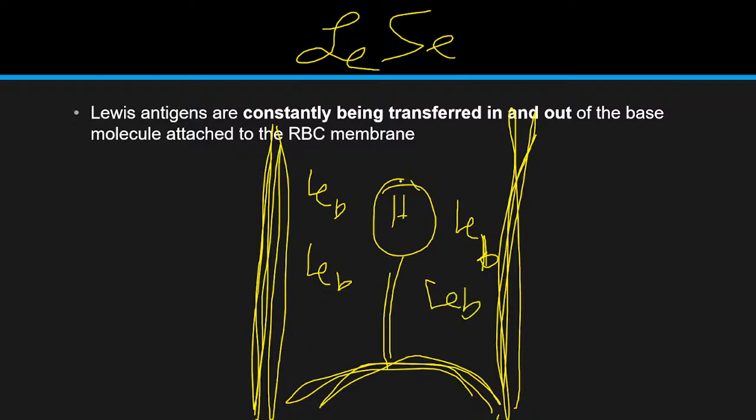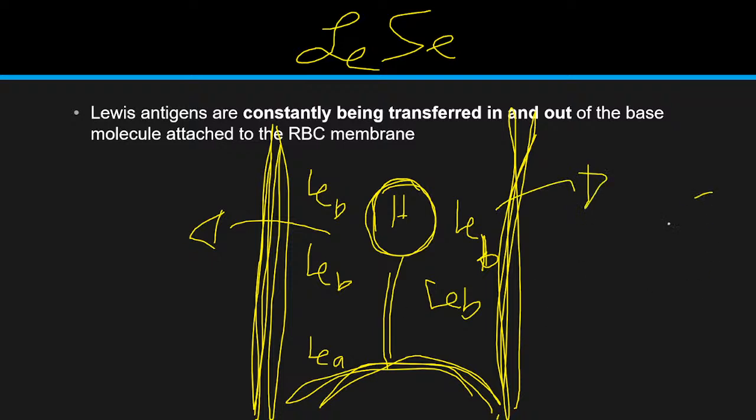You need to have H antigen to form LEB, or Lewis B. Now, sometimes you have LEA, but that's just a small fraction of the amount of LEB substance. It can go either through the secretions or through the plasma.